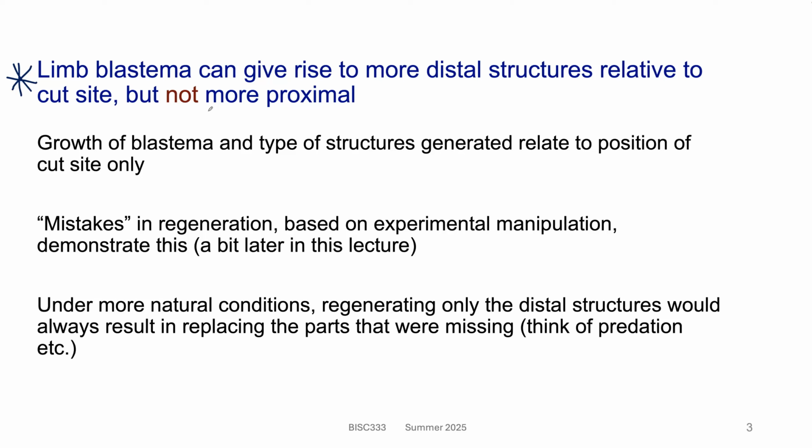And this had to be studied experimentally, of course, but you would think, in nature, is there ever going to be a situation where a proximal part of a limb is lost, but not the distal part? Under natural conditions, that's certainly not going to happen.